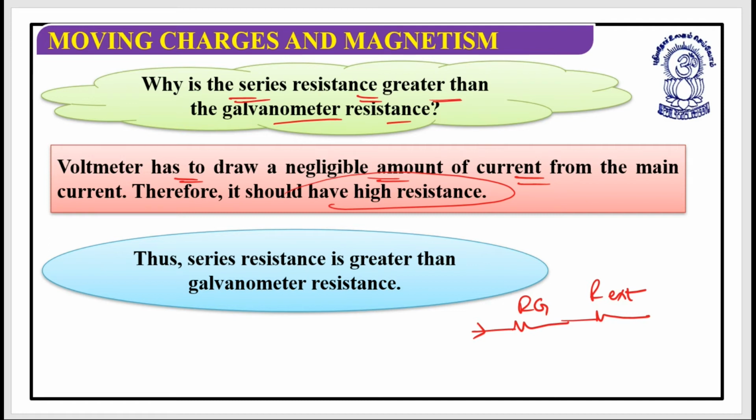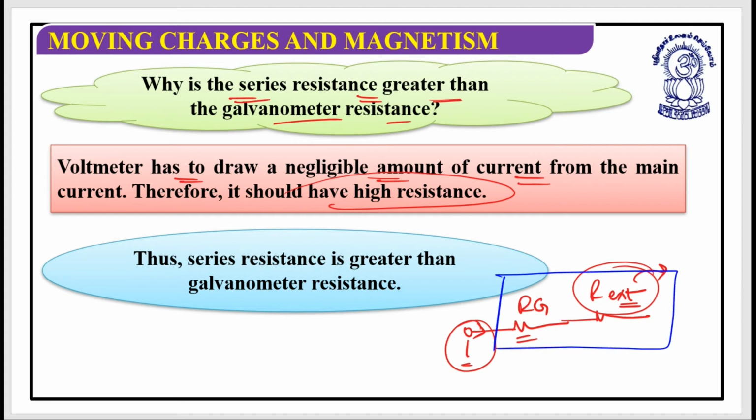Suppose I choose this resistance as smaller, then a higher amount of current can flow through this, and a higher amount of current passing through the galvanometer can damage it. So to prevent this, I choose this R external to be higher, so that the total resistance is much higher, which does not allow a higher amount of current to flow through, and which can protect my galvanometer.